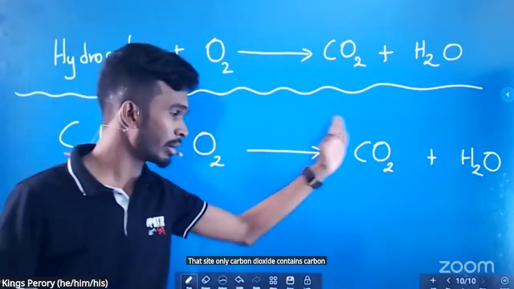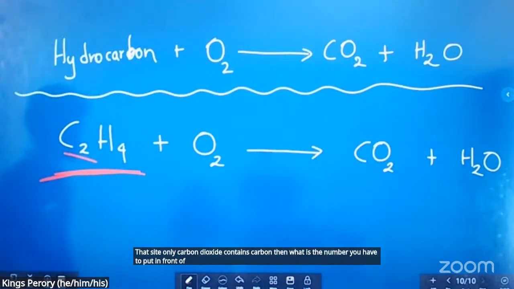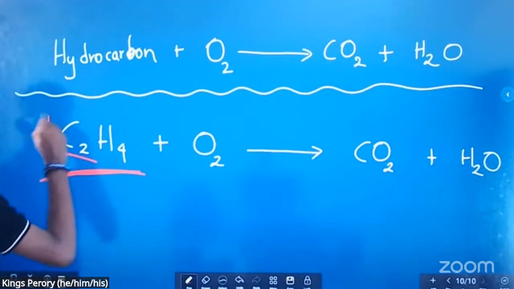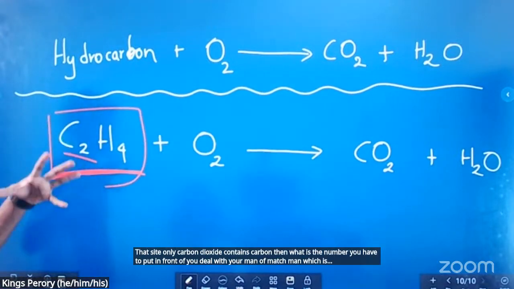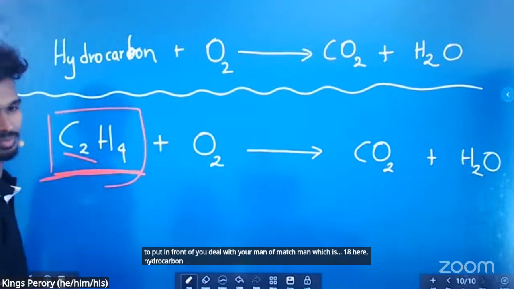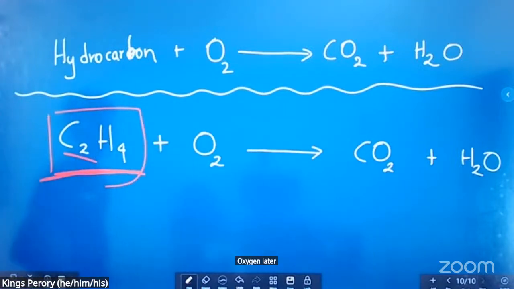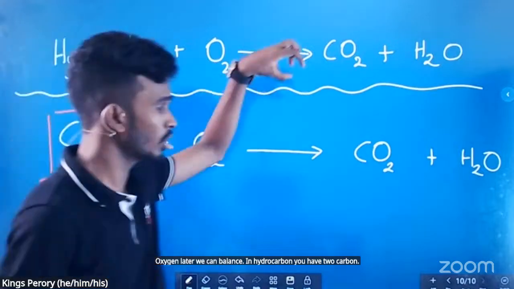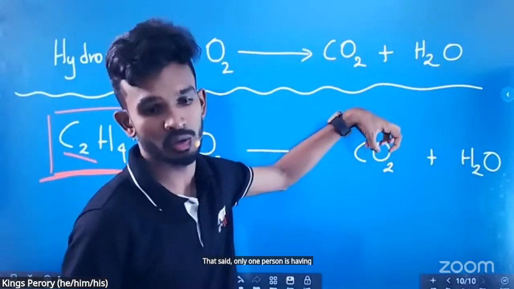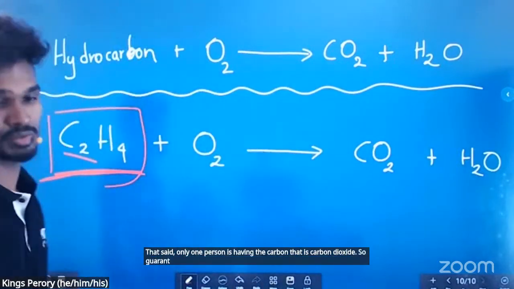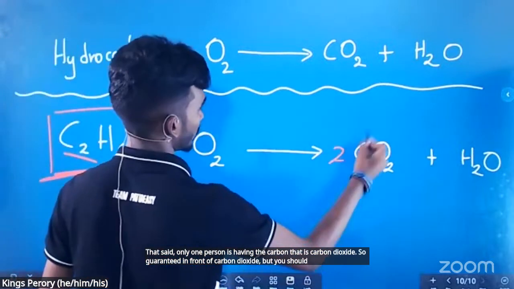Then what is the number you have to put in front of it? Man of the match is ethene here. Forget about oxygen, oxygen we can balance later. In the hydrocarbon you have two carbons. That side only carbon dioxide has carbon. So guaranteed, in front of carbon dioxide, what should you put?